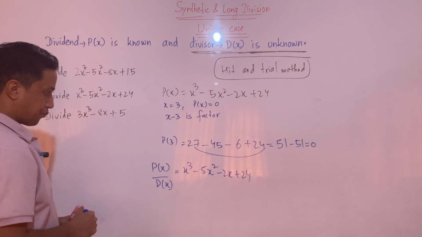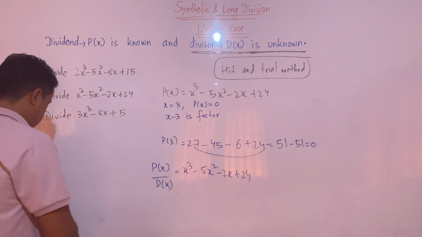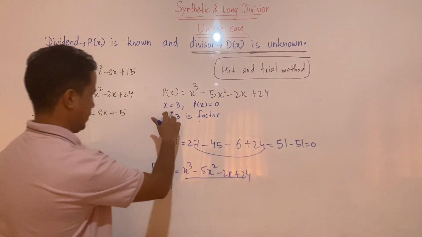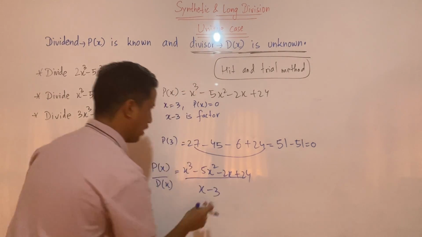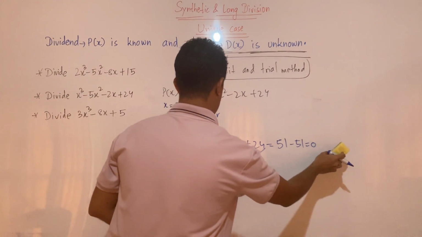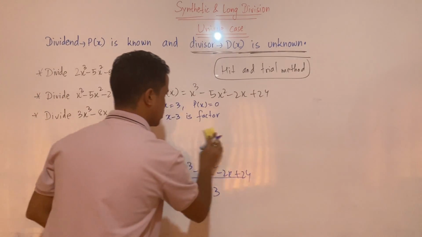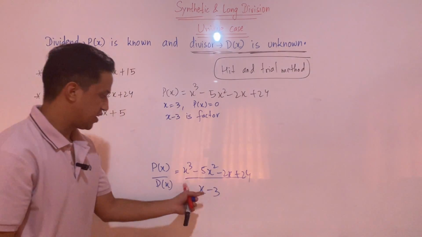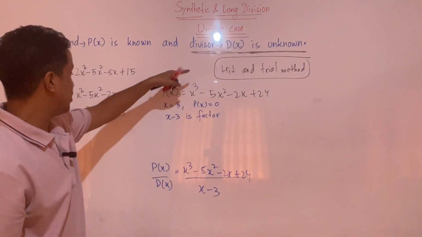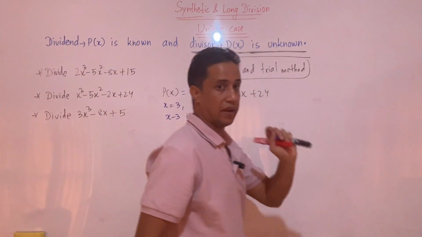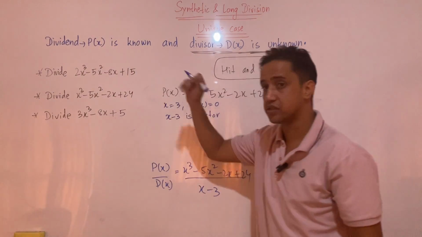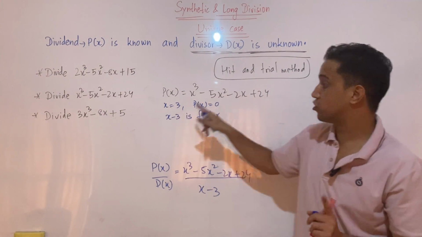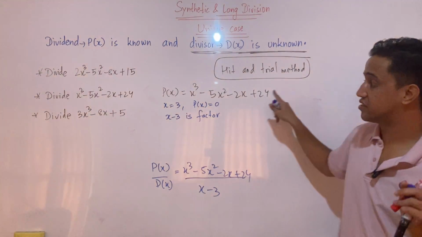So here I will perform division, and sorry, the divisor would be x minus 3. When you use this hit and trial method, and you get questions like this, always remember you will only get a linear factor, because the first factor that you are going to get is a linear factor.